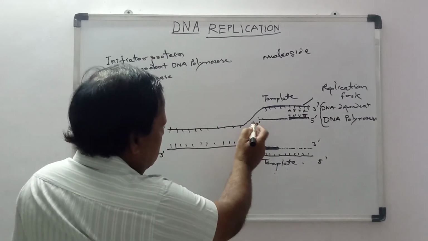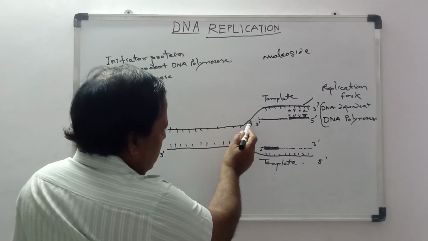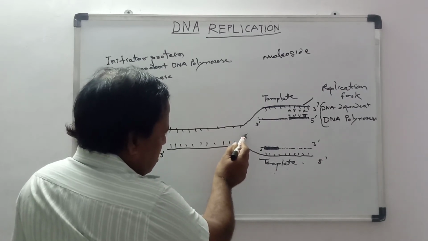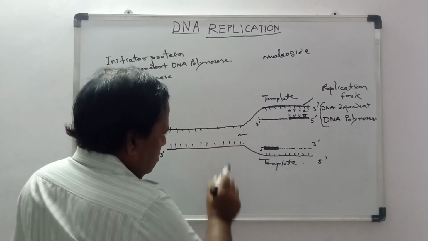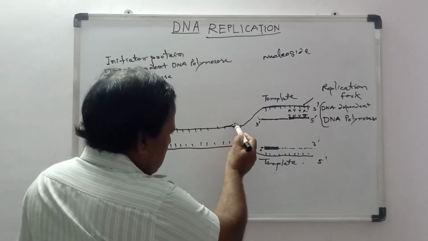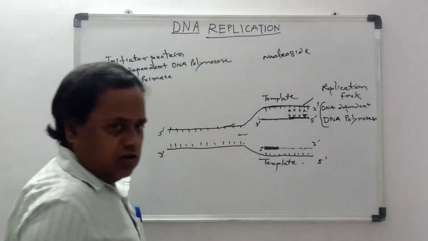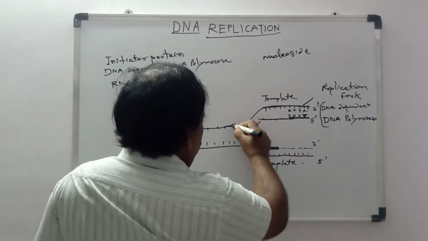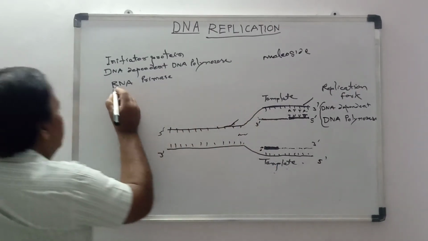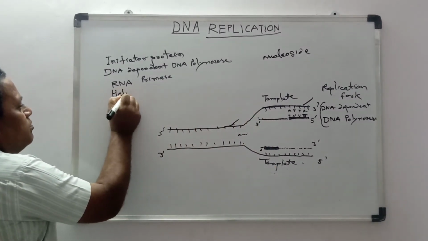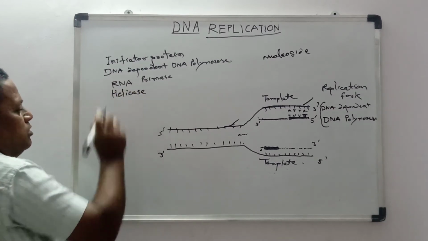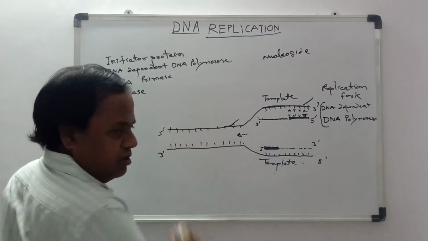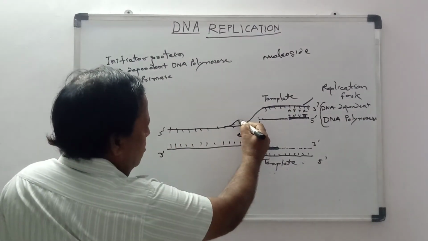Now what we require is to again separate this DNA strand so that the polymerization reaction starts inside also. So there is another enzyme which is called helicase enzyme. This helicase enzyme helps to break the hydrogen bonds inside over here, and this template widens.